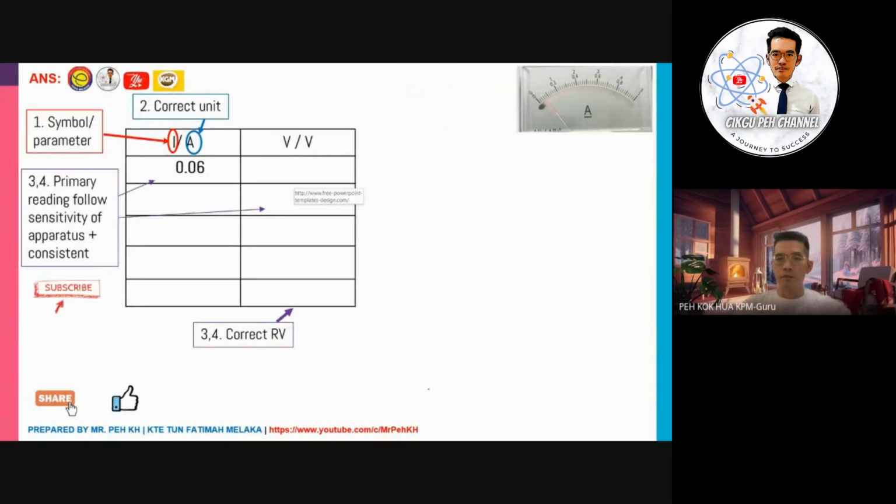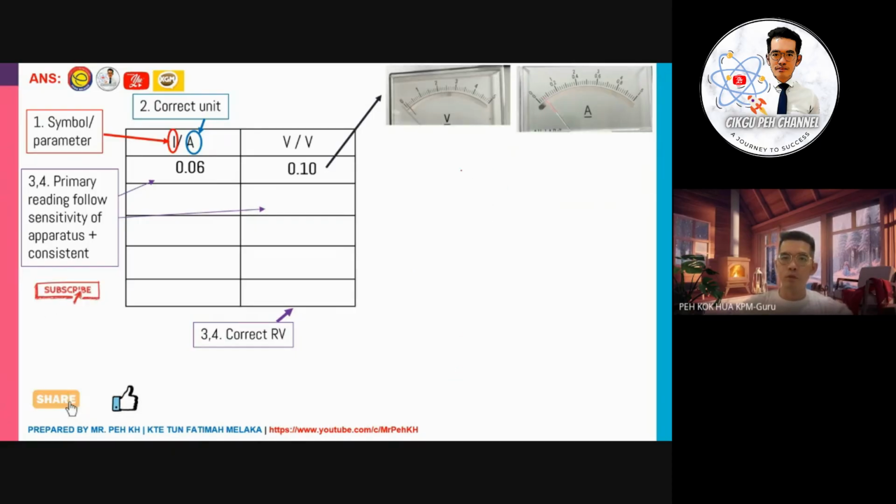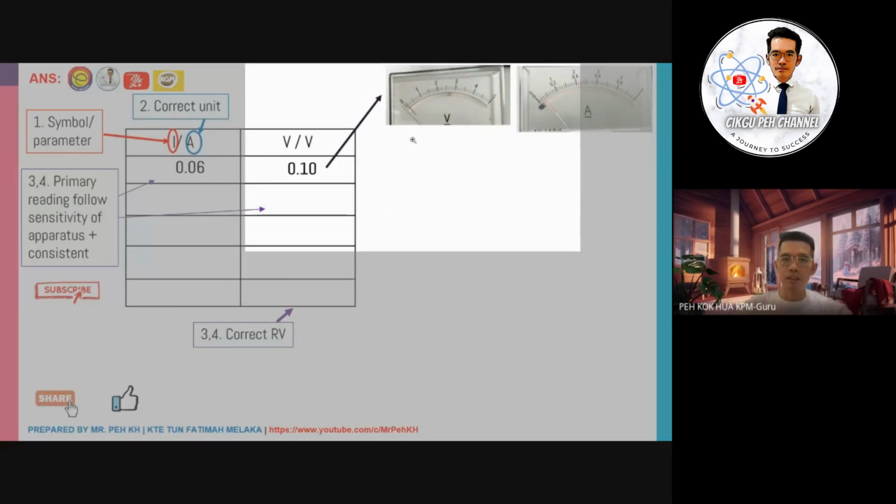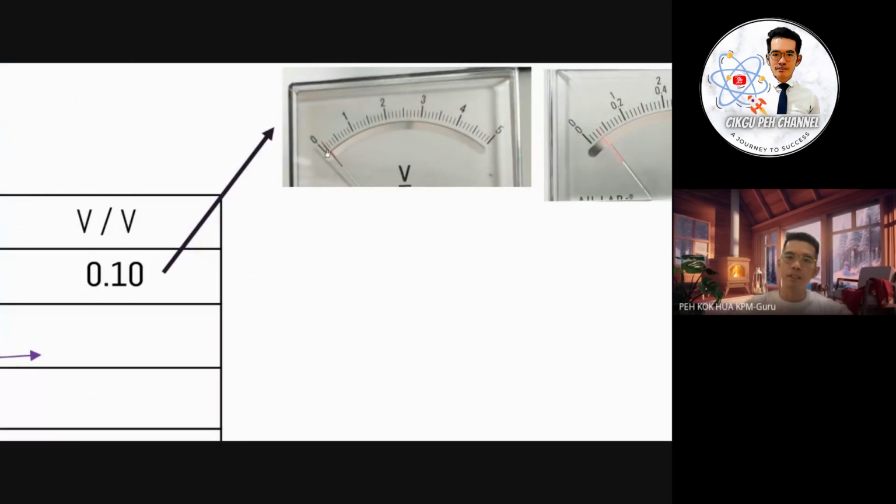Okay, then for the voltmeter reading, you need to again follow the sensitivity. So this is the first reading I get, where you can see it's very straightforward. The sensitivity, one segment refers to 0.1, or you can choose 2 decimal places, 0.10.